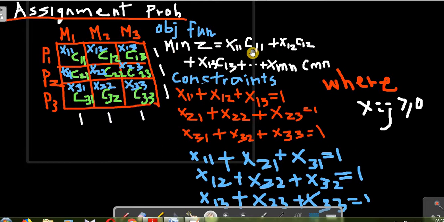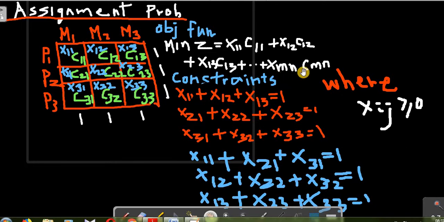That is what is given here. Minimize Z equals X11 C11 plus X12 C12 plus X13 C13 plus dot dot dot plus XMN CMN, supposing M persons and N machines.